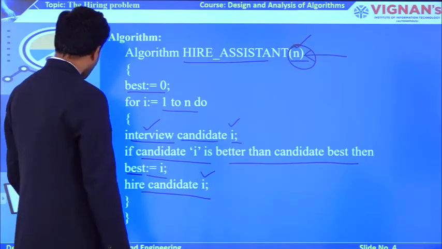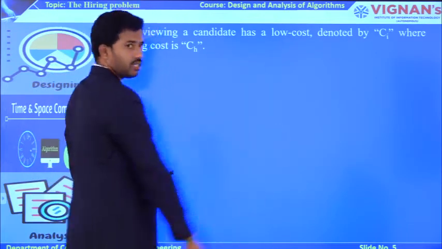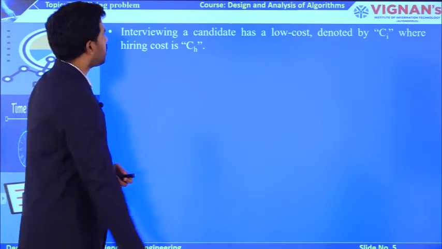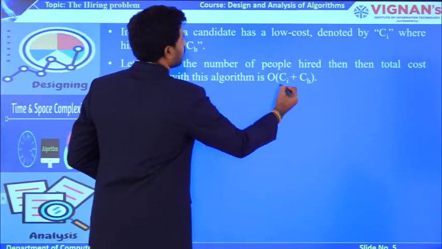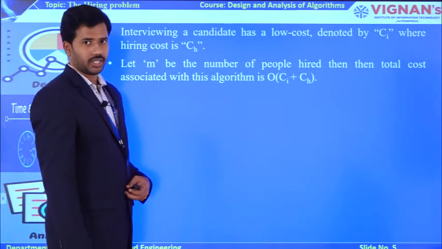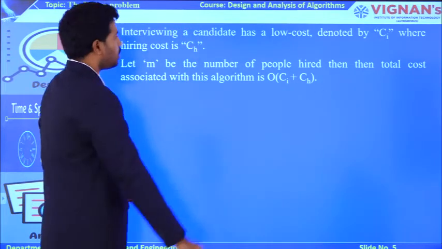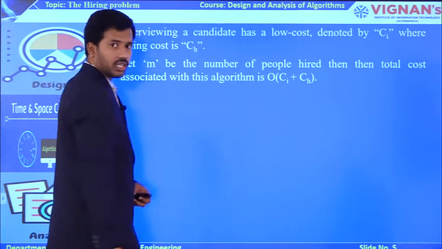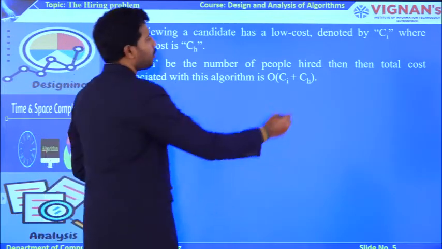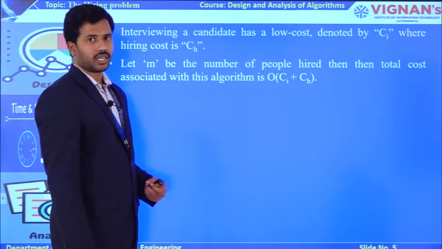Now let's focus on the time complexity of this algorithm. If you are interviewing a candidate with the best cost or average cost, it is big O of C_i plus C_h. What is meant by C_i and C_h? C_i denotes the cost to conduct an interview for candidate i, and C_h is the cost to hire a particular candidate.